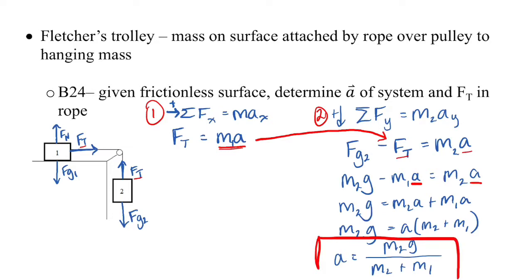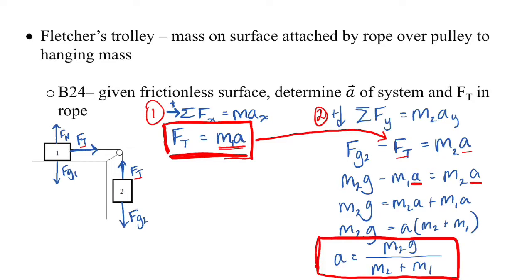So at that point, you could find the numerical value of your acceleration, and then you could go back to force of tension and know that force of tension is just mass 1 times acceleration, and then you'd use this equation to find force of tension.